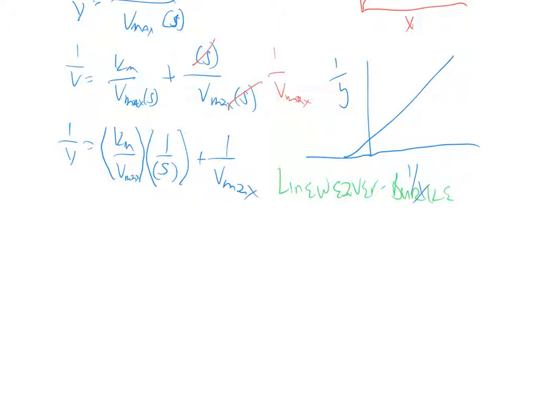Okay, so the way that this will look, whoops. So now we plot 1 over V as a function of 1 over S, because it's a double reciprocal plot. And you're going to get something that looks like this. Oh, it's going to be a straight line. I just have problems drawing a straight line.